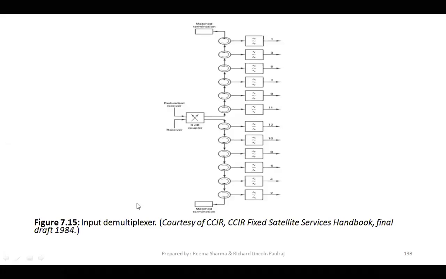Okay, so you can see that here it has been divided into odd and even numbers, the 12 transponders.